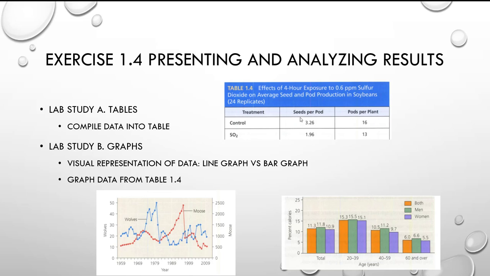So you have basically 2 sets of data here. You need to think about, is this going to be a line graph or a bar graph? And how are you going to do this? You're going to need to graph this data and this data. So think about how you're going to graph it. They have a little graph for you, right?